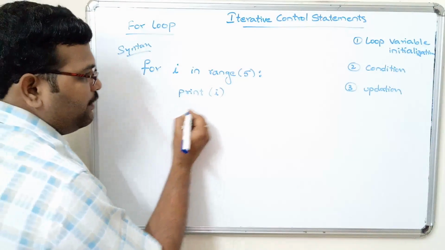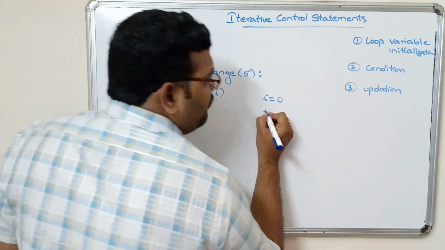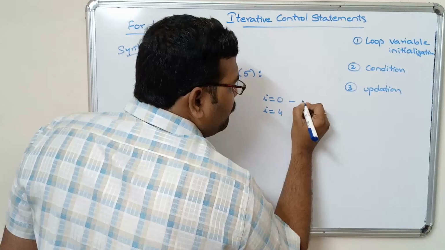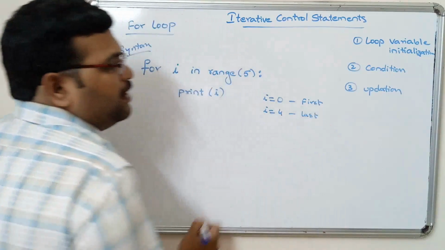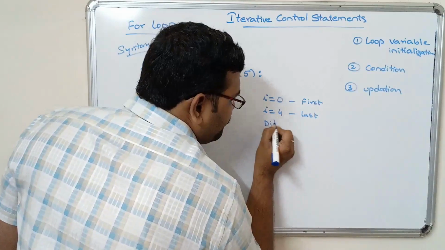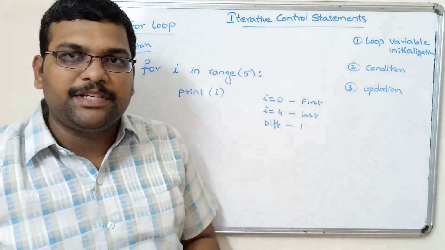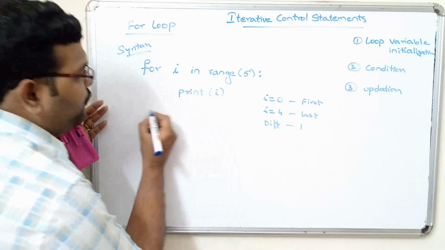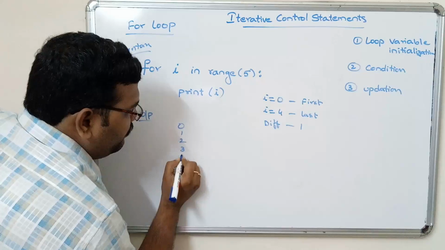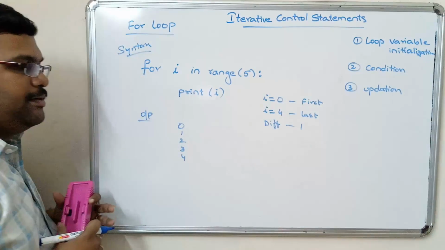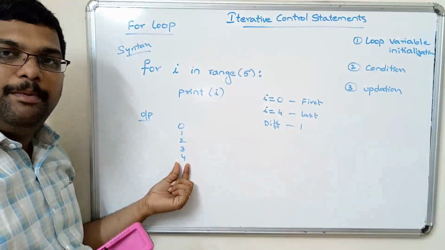By default I value will be 0 and the last element will be 4. So this is the first element and this is the last element, and the difference is 1 because there is no mention of step size. So the output for this one is 0, 1, 2, 3, 4, that's it. Because we are giving 5, up to 4 it will be printed.